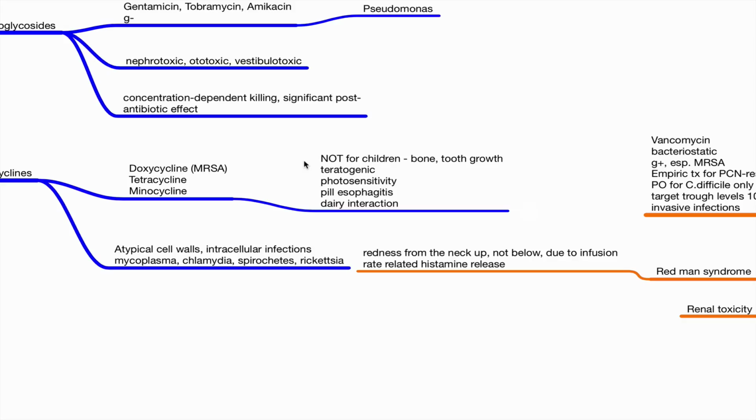It inhibits their bone and tooth growth. There is incidence of photosensitivity, as well as pill esophagitis, and it does interact with dairy foods as well. Doxycycline is often used because it is an oral agent that does cover some community-acquired MRSA strains.